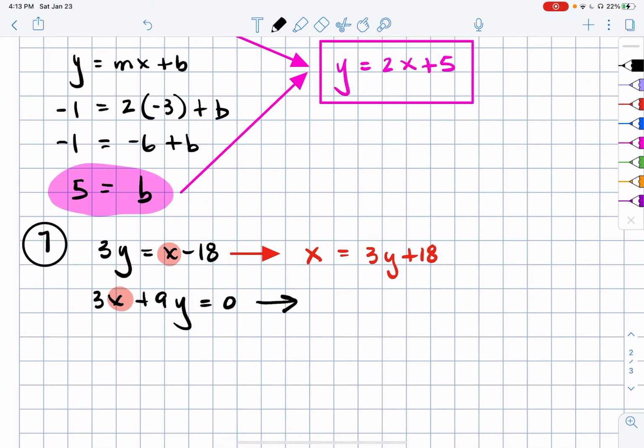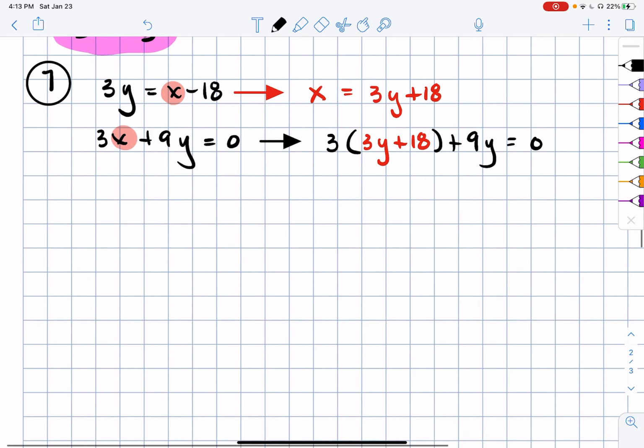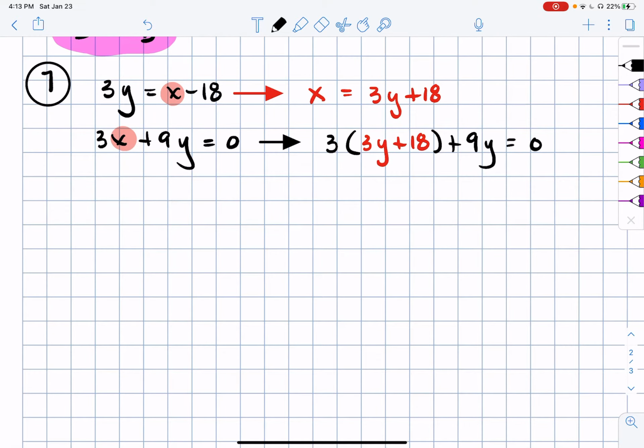So I'm going to replace that x with this. So I'm going to have 3 times (3y plus 18) plus 9y, and that's equal to 0. So that means I have 9y plus 54 plus 9y is equal to 0.